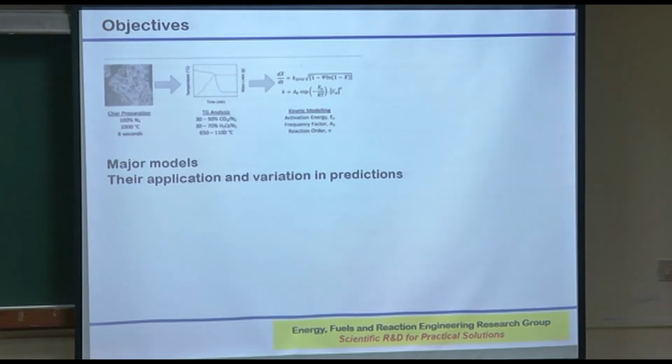Then she subjected those to TGA under different conditions of CO2 concentration, in this instance varying from 30 to 90% CO2. In reality you want to get to that high, and the rest is nitrogen gas.